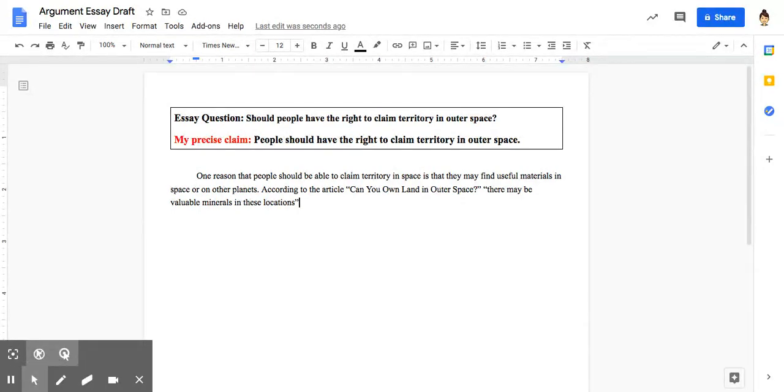Now, we know that we have to have a citation. The citation is the author's last name along with the page number. So if I go back and look at the article, let me find that again. It looks like her last name was Anjou. So I'm going to put that.